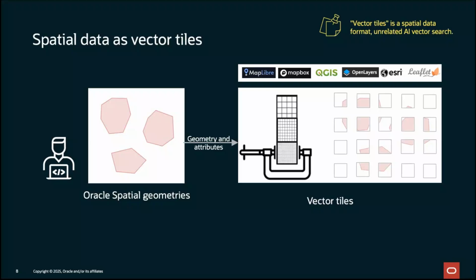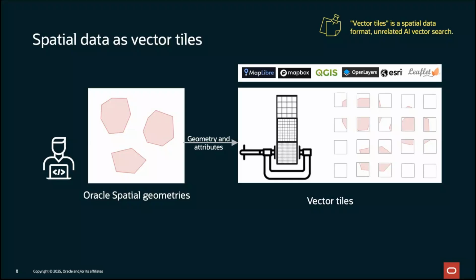And what this new capability is that we have is to directly serve up and return Oracle spatial data, both the geometry and the attributes, in this vector tile format, which again is universally supported across modern developer toolkits.